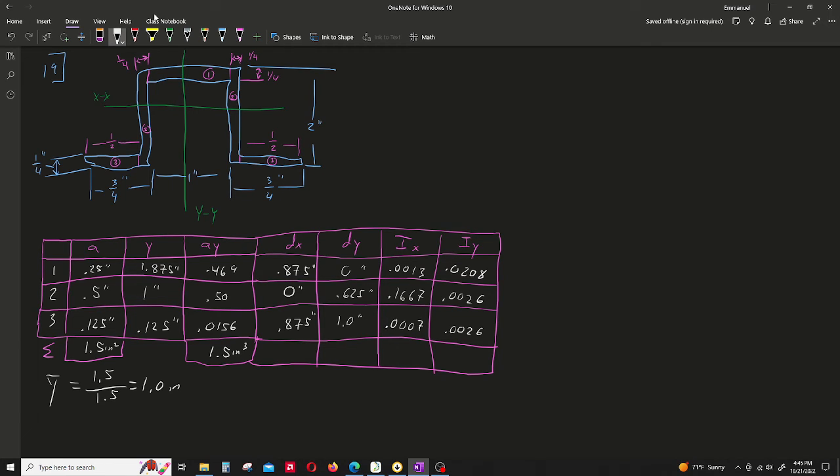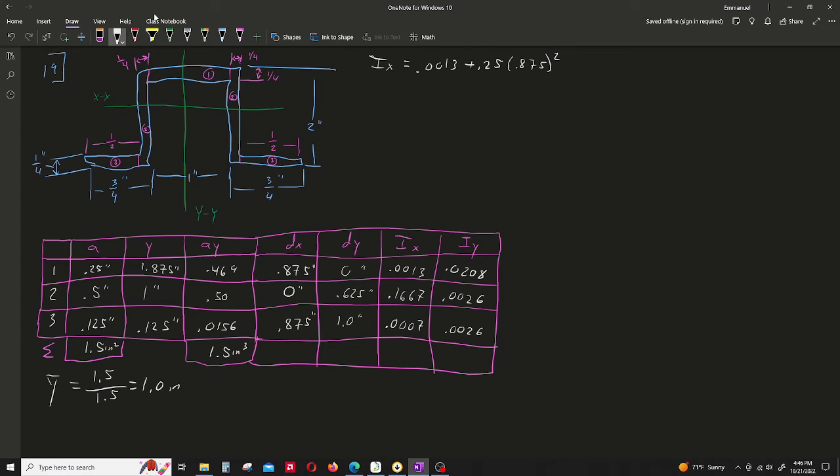So for our total IX, we get 0.0013 plus 0.25 times 0.875 squared.